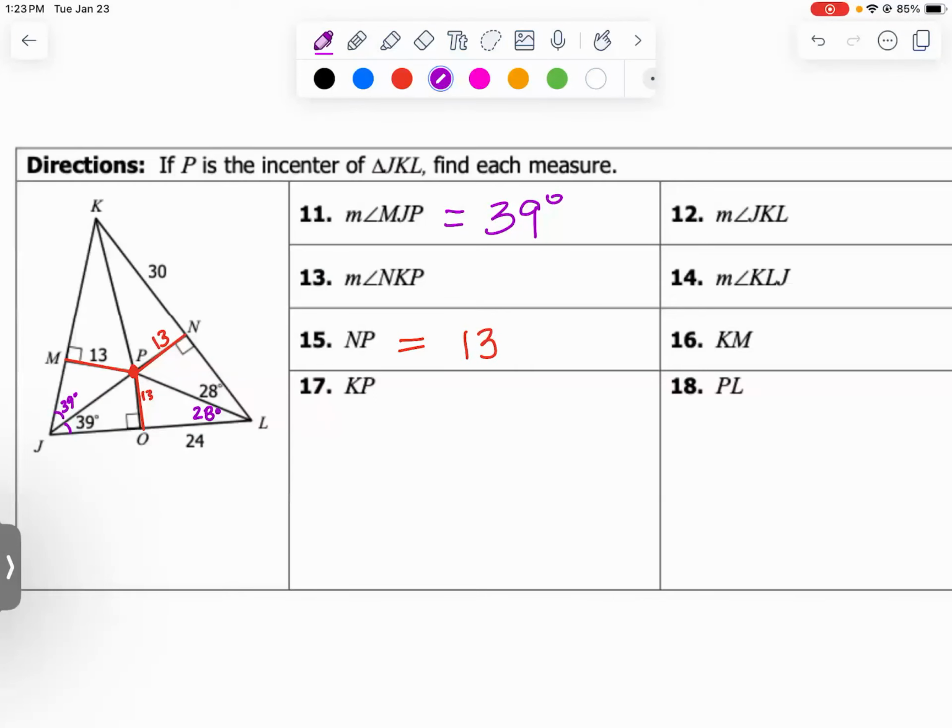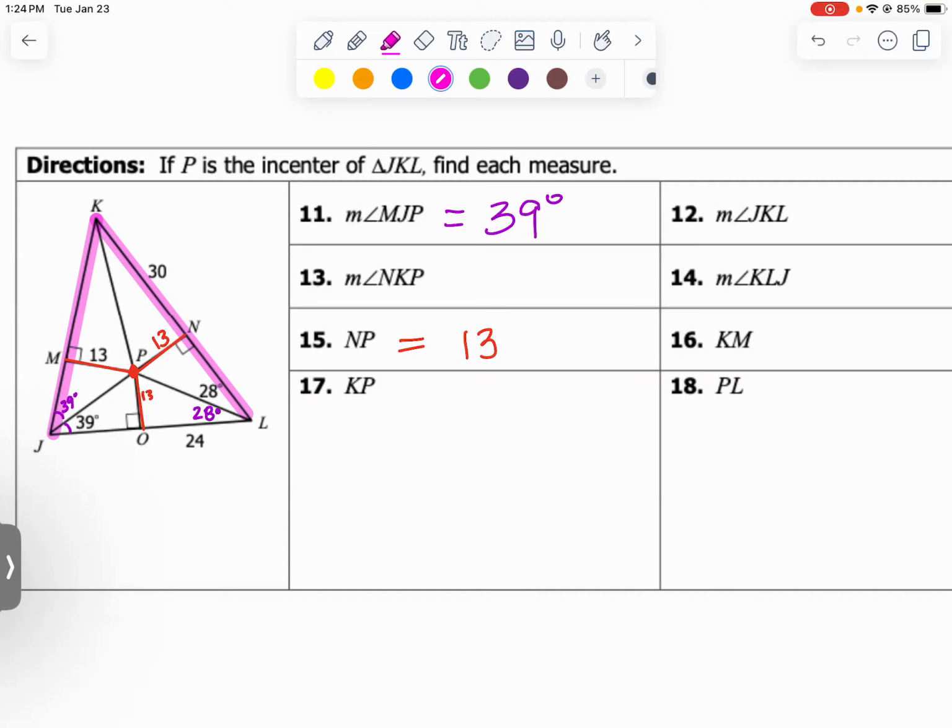So JKL. All right, people. So if we want JKL, how are we gonna figure out that angle? Okay, so what's 39 plus 39? 78.